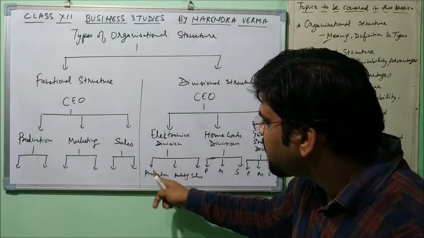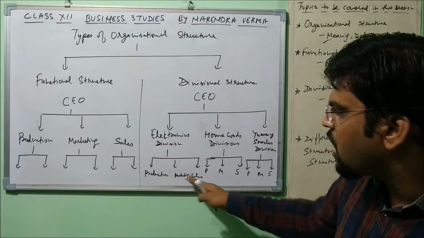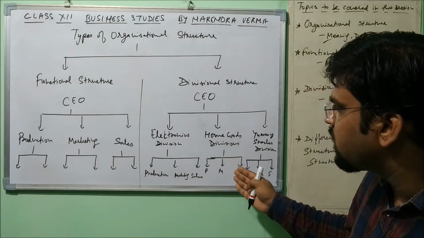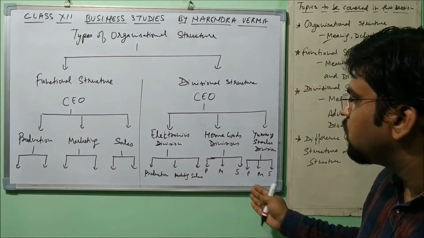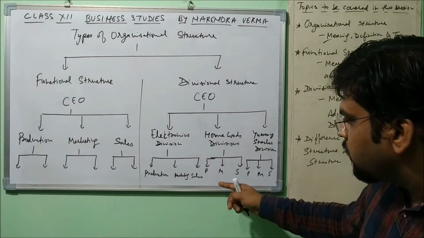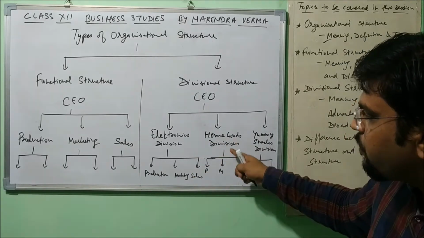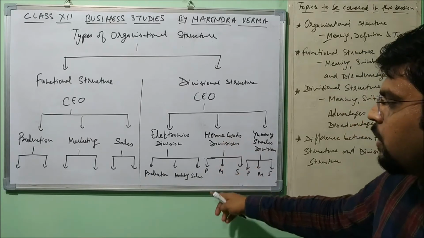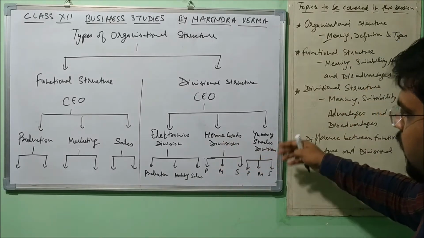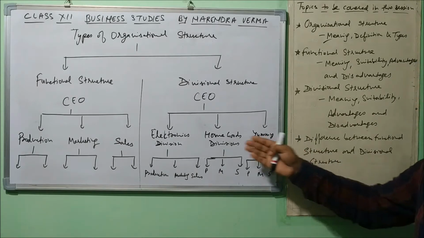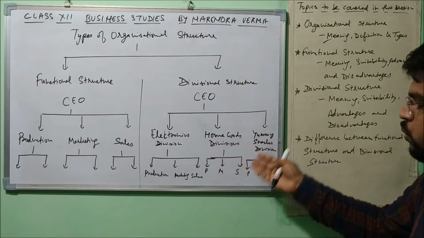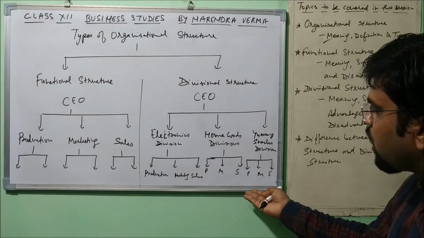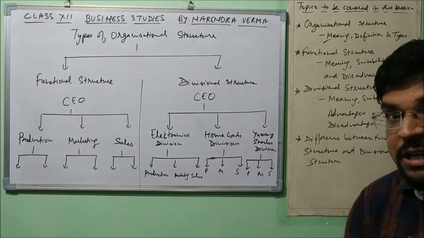Now this separate division will have production, marketing, and sales individually, right? Similarly, home goods has no relation with these electronic gadgets, so a separate business unit has been made for that, and that unit can also have production, marketing, sales. Similarly, yummy snacks do not have relation with these 2. A separate division is maintained for that, and that too can have production, marketing, and sales. That is what the difference is.